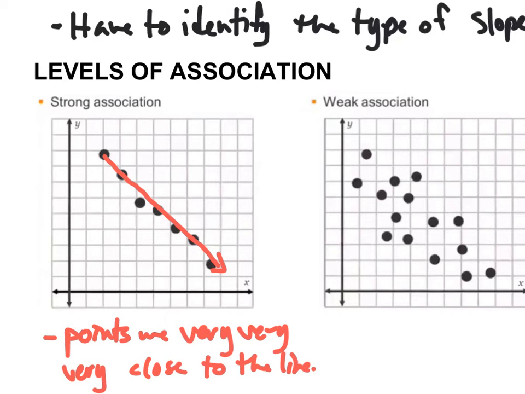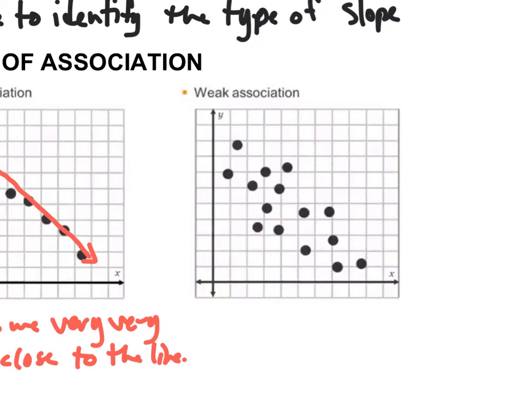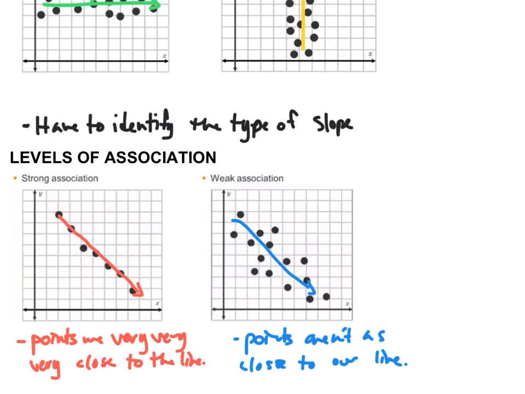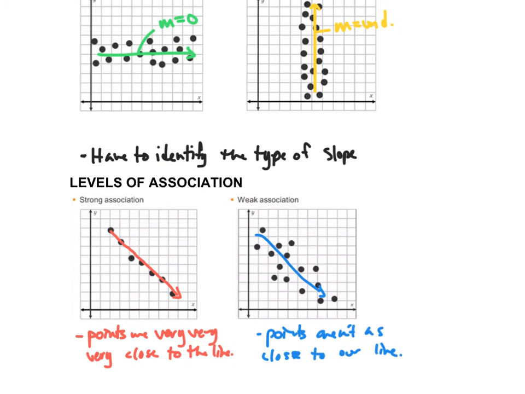Over here, this would be a weak association, because if I draw in my trend line, the points aren't as close to our line. So that would be an example of weak association versus strong association.